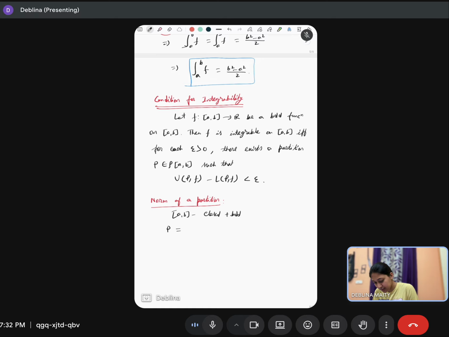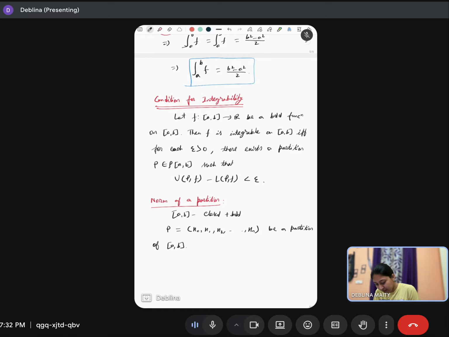Let P equal to x0, x1, up to xn be a partition of [a,b], right?